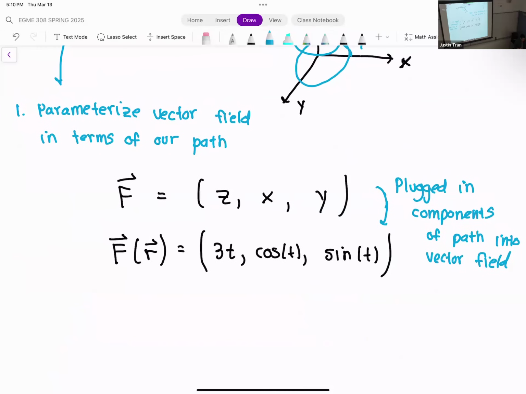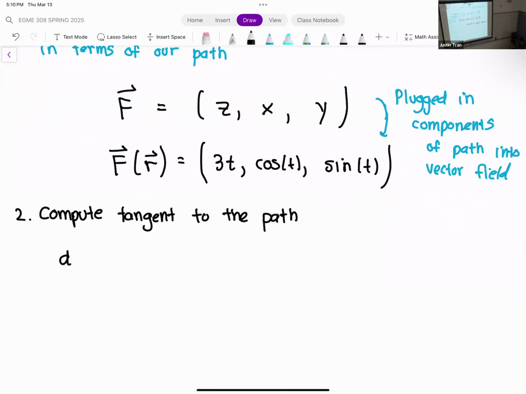All right, so that's step one. Step two, now that we've parameterized our path right here, let's go ahead and compute our tangent. So our tangent is going to be dr dt.